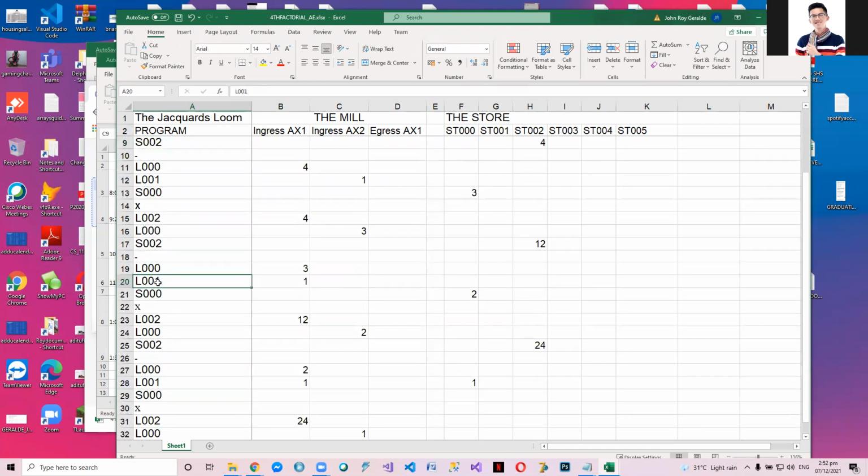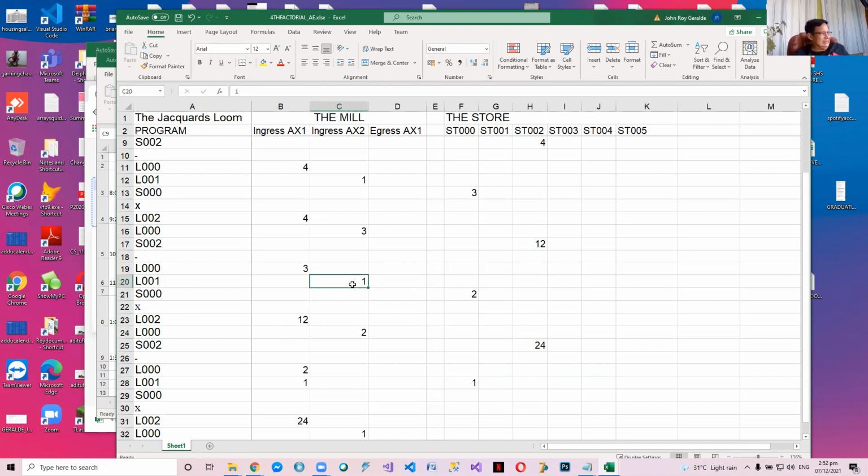Okay. 20. This one. Shouldn't the 1 be in ingress axis 2, below the number 3? Is it this one? No. Oh, sorry. It should be here, because this is the second. Thank you for that.